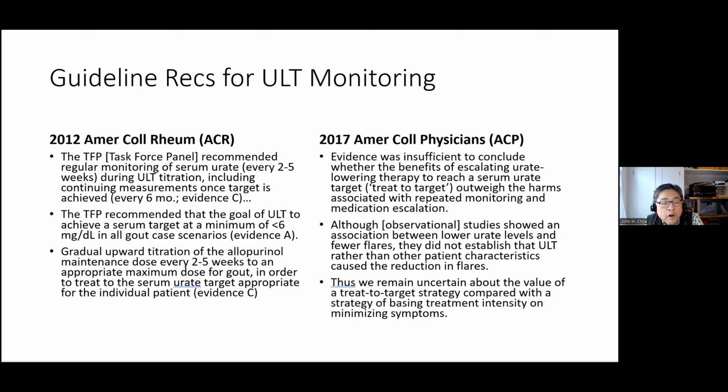And they said, although observational studies showed an association with lower uric acid levels, so they conceded that observational studies, cohort studies, follow-up studies have shown that those that had lower levels actually had fewer flares. But what they interpreted was that there's actually not a study that actively checked that out. And so thus they gave it sort of an uncertain rating, and they couldn't recommend it, was what they said.